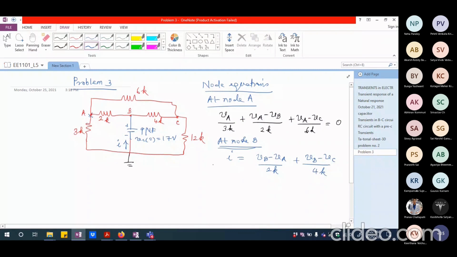I have to solve for this current I, which is the transient current through the capacitor, so I have taken that as this particular variable. Okay, fine. What is the next one? At node C, what is the equation? Tell me.